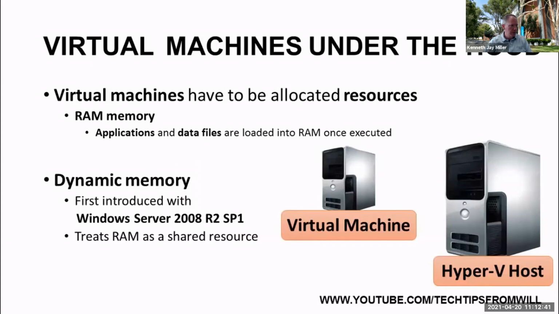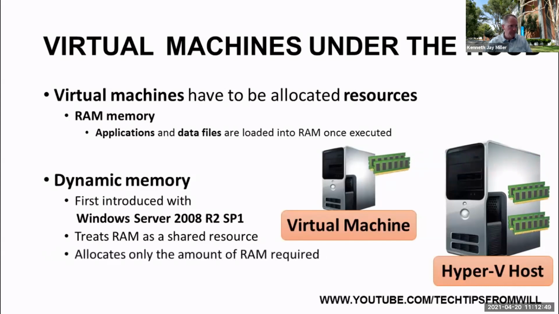Rather than simply carving up the RAM in the Hyper-V host among the virtual machines, dynamic memory allocates only the amount of RAM required by the virtual machine at that specific point in time. That is, if a virtual machine suddenly experiences high workloads, more RAM will be allocated. And when the workload quietens down, the amount of RAM allocated will be reduced.